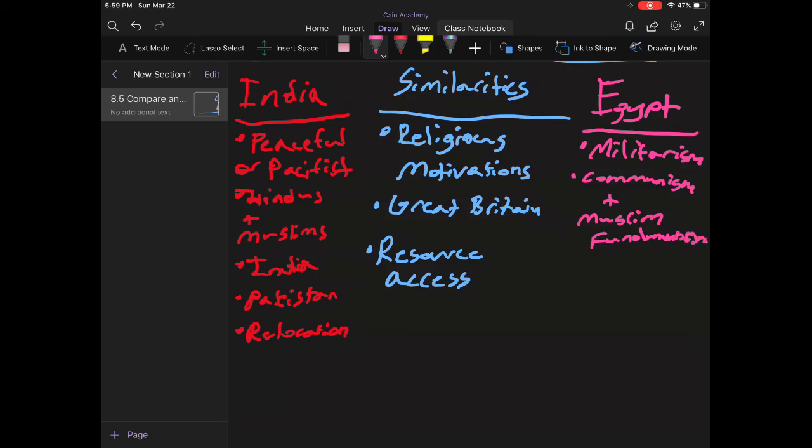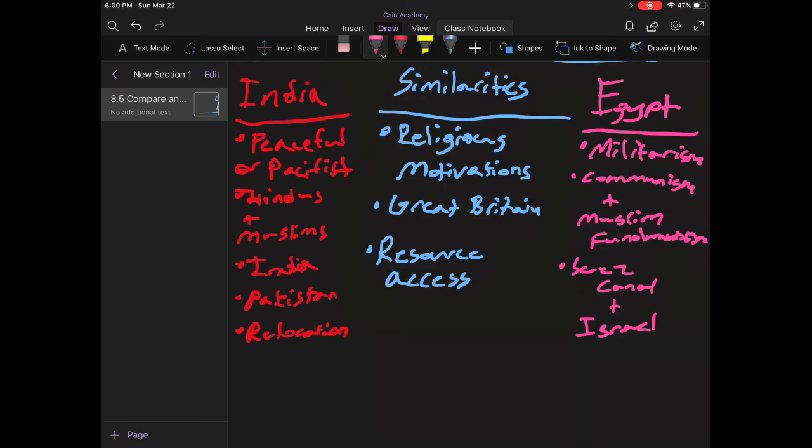Yes, religion is a factor in India, but in Egypt, it's definitely at the forefront. And a lot of this, again, is tied to the Suez Canal and Israel. And so much of Israel's existence is a part of Egypt's story as well, and vice versa. Both of them are kind of linked because of the conflict that's going on between them.